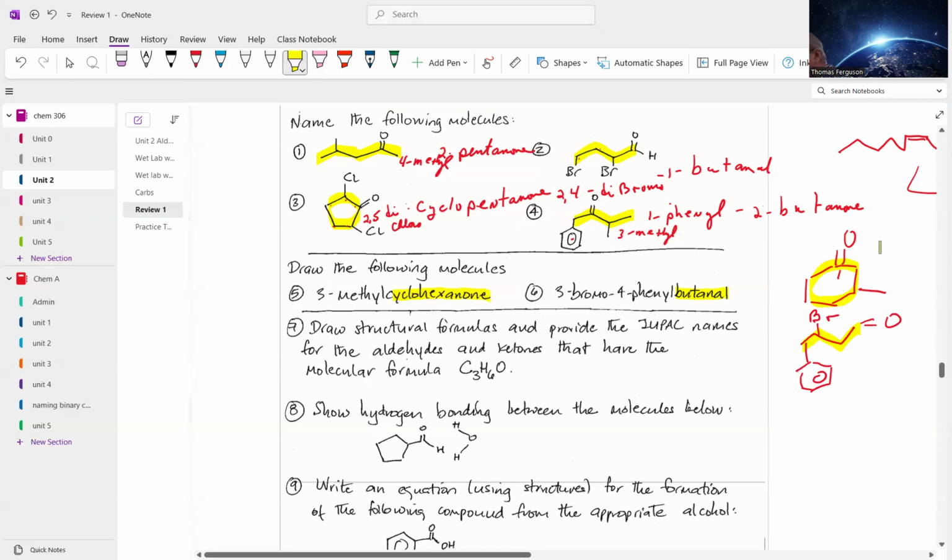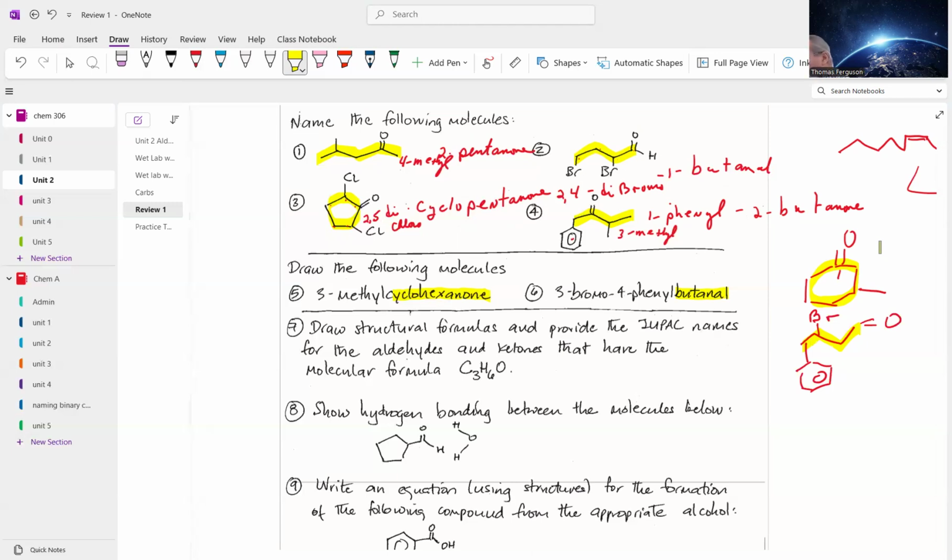Okay, I'm going to skip number 7. It says draw structural formulas and provide the IUPAC names for the aldehydes and ketones that have the molecular formula. That's just a matter of coming up with 3 simple aldehydes or ketones.